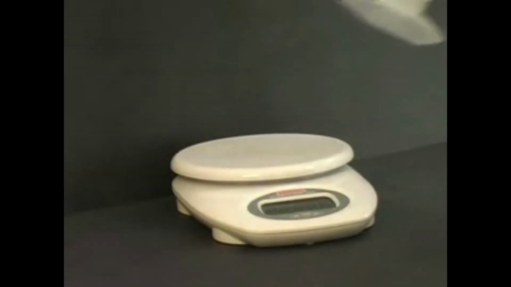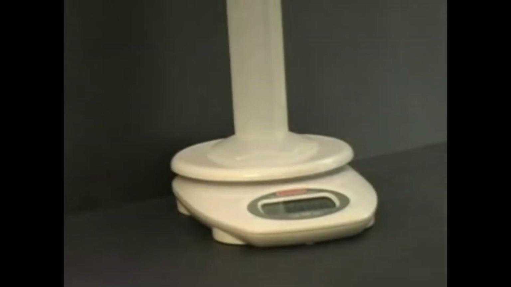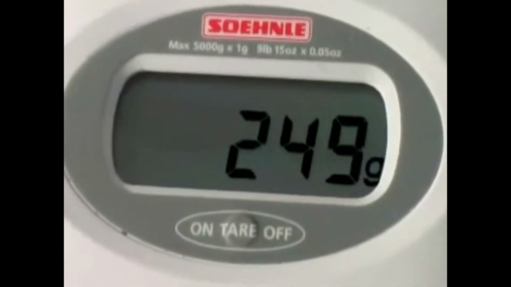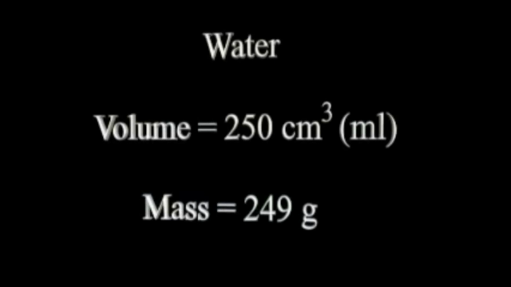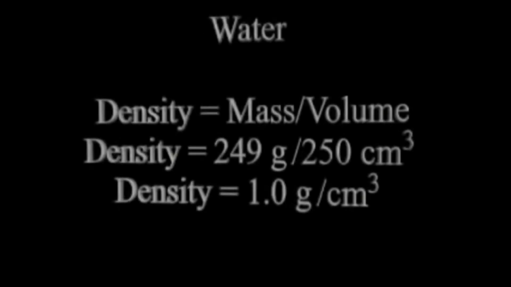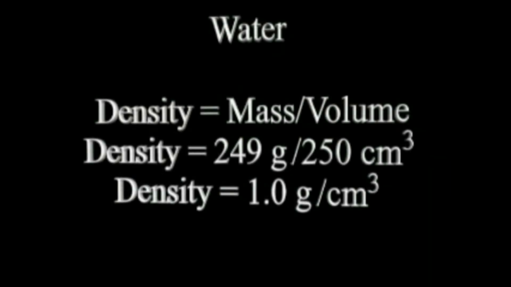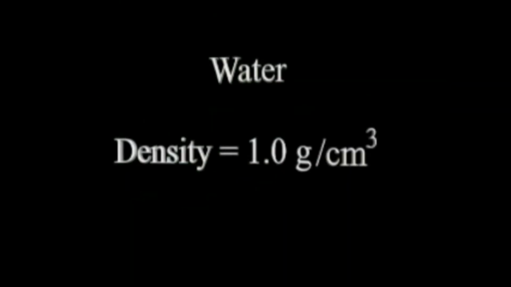I can now remove the cylinder, fill it with water to the 250 milliliter mark, and set it back on the scale. We have 249 grams of water. Doing the math, we divide mass by volume, and rounding the answer to 1 decimal place, we determine the density of water to be 1 gram per cubic centimeter.